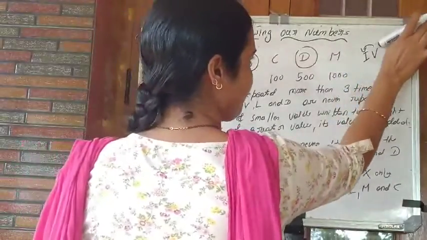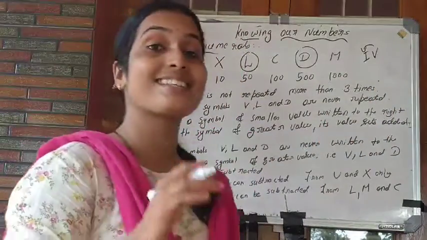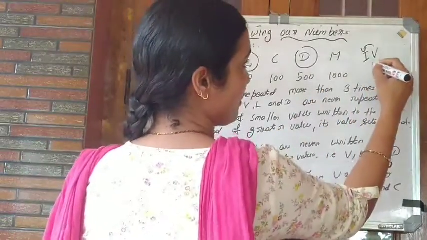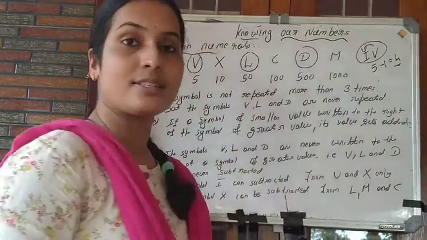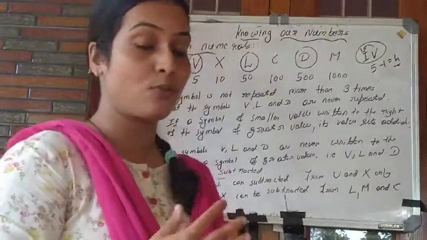So this indicates subtraction. The values get subtracted, which means 5 minus 1 is 4. This is 4, fourth standard, IV.